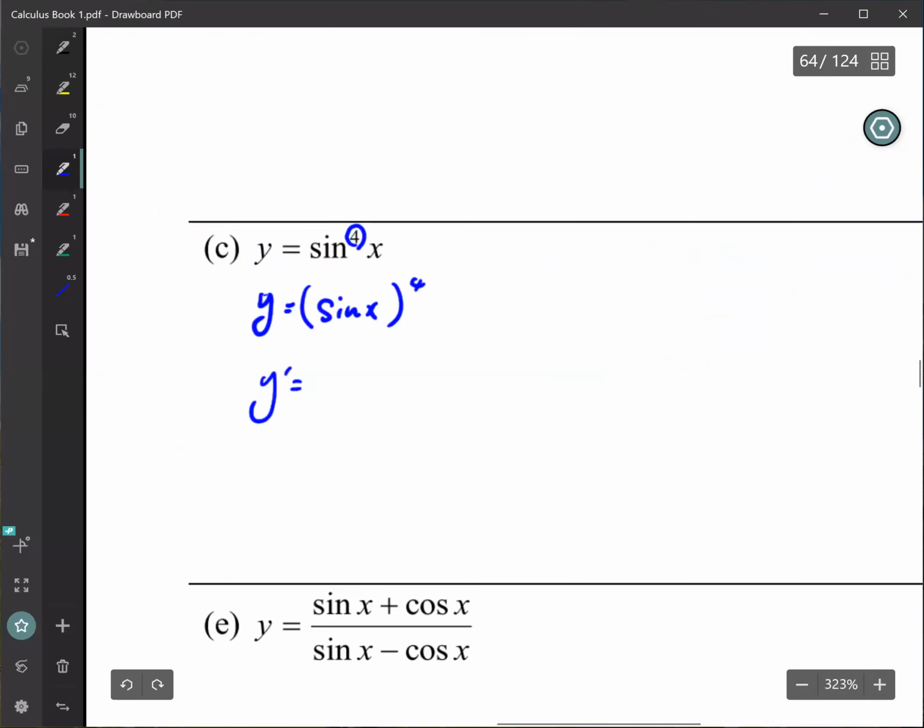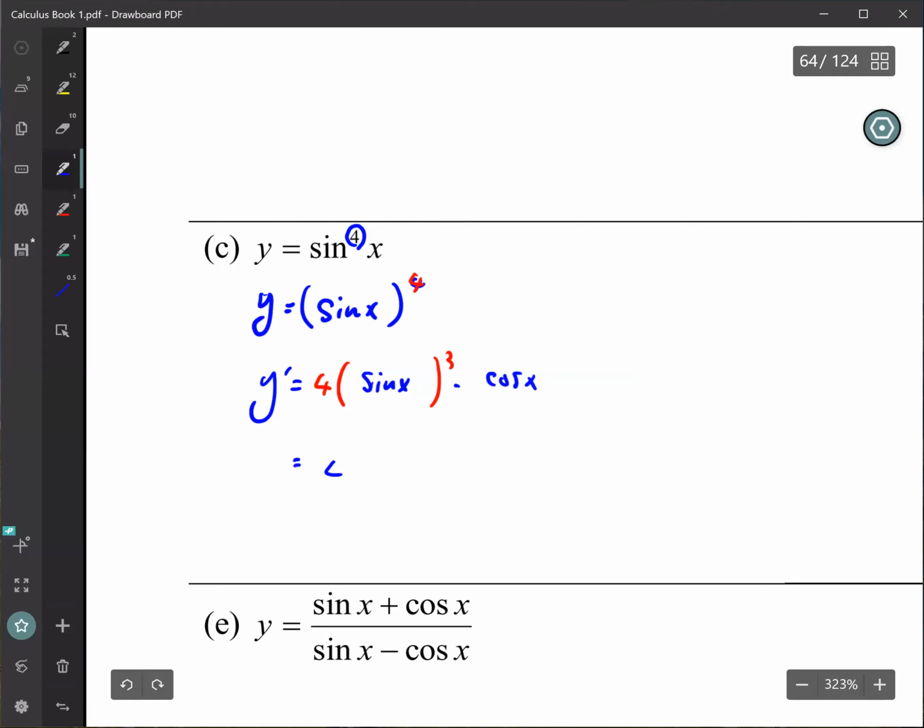Okay, I'm just going to go ahead. This one is not difficult. Prime the outside. Outside is the 4, so prime the outside. Inside stays. Times prime the inside. Sine prime is cosine. And you're done. There's nothing to simplify here.